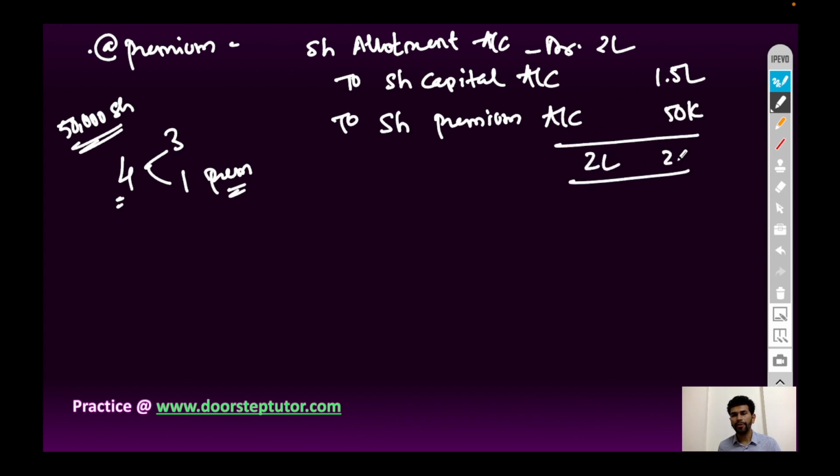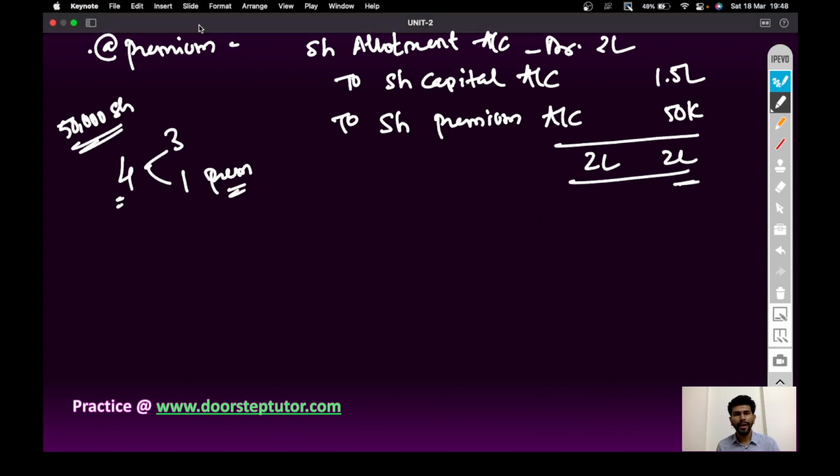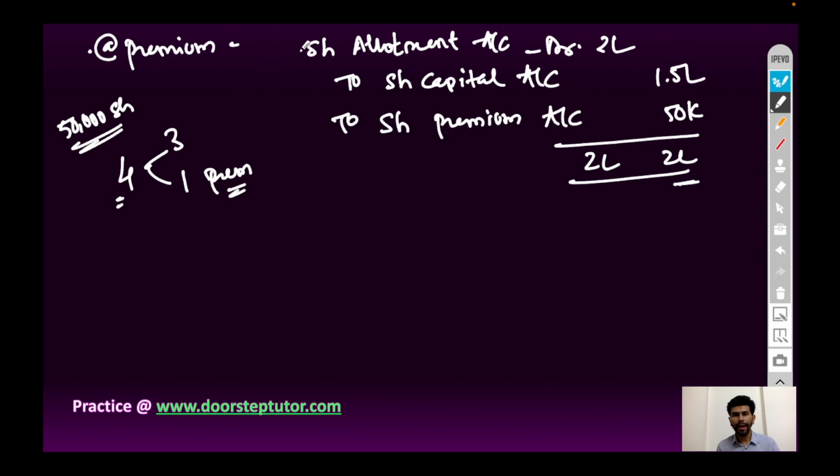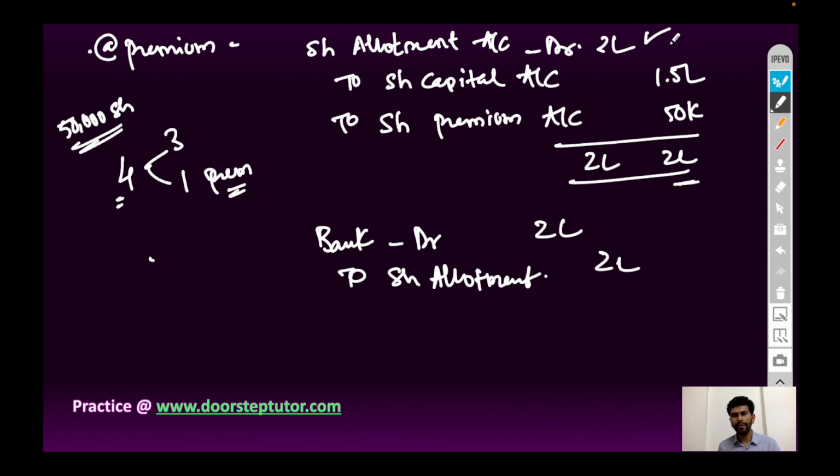Debit and credit should be equal. So at the time of premium, the entry will be share allotment account debit to share capital account to share premium account. And at the time of receipt of premium, the entry will be bank account debit to share allotment account. Amount 2 lakh, 2 lakh.